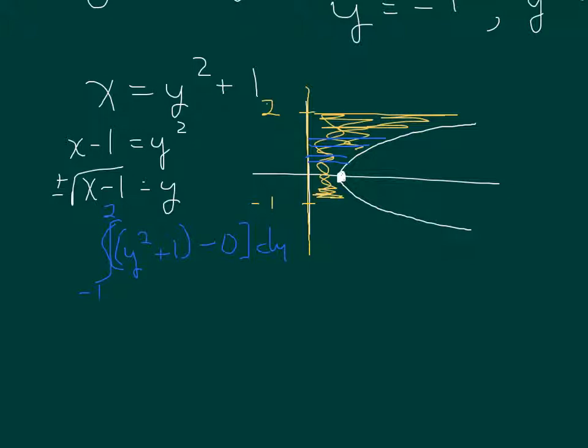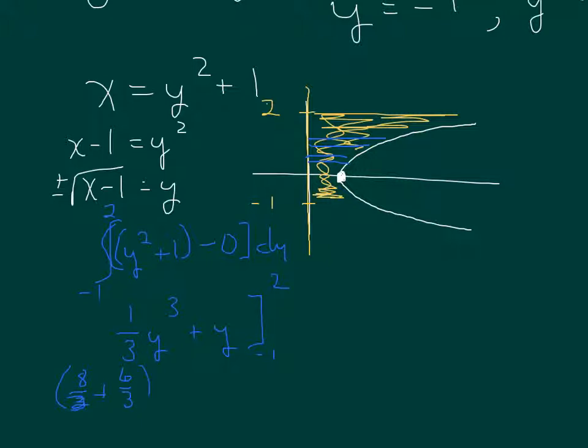So now we just integrate this just like we would if it was in x. It's just our variables in y. My limits are in y. So it's just like it was before. So when we integrate this, we're going to get 1/3 y cubed plus y, and we integrate from negative 1 to 2. So we'll have 8/3 plus 2, which is 6/3. Wait, 8/3. Should it be 4/3? It's cubed.